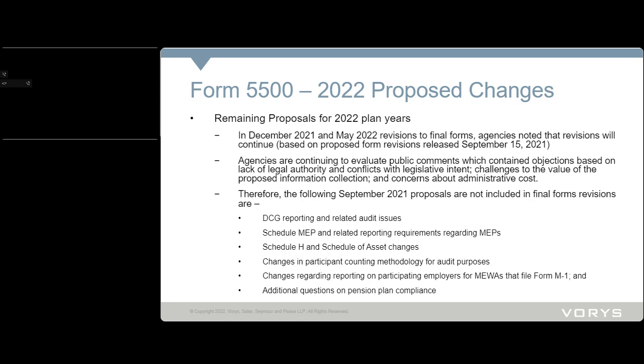So I thought I'd just take a second here and talk about the remaining proposals from the September 15, 2021 guidance that are still at play, and these are also going to be more expansive than the defined benefit plans and the MEPs and PAPs.